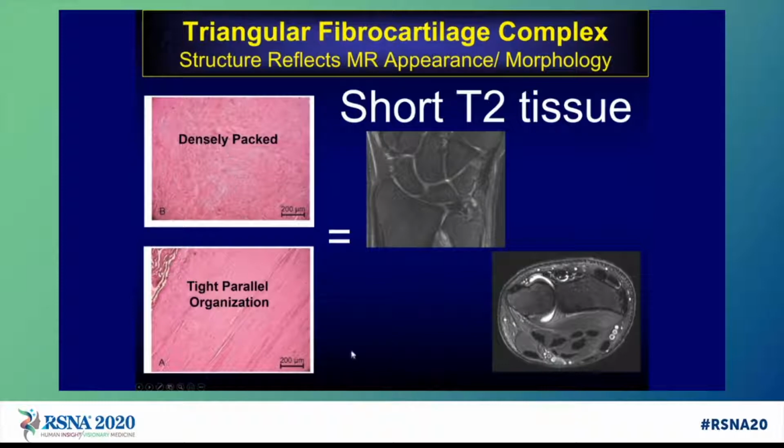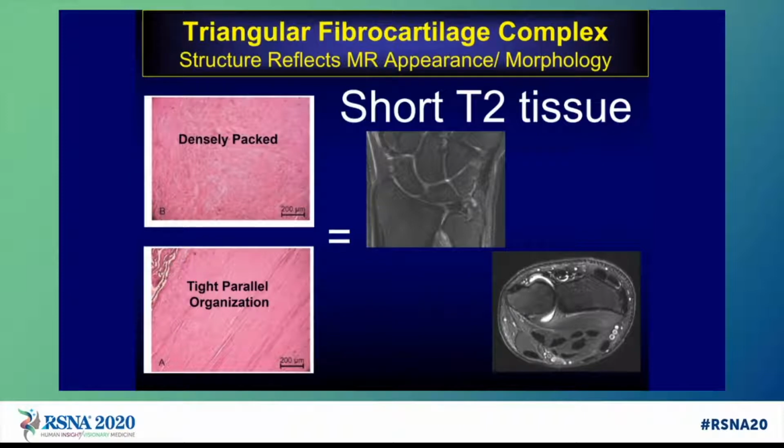And because these tissues are so tightly organized, they hold on very tightly to those hydrogen molecules, making them short T2 tissues. That means that by the time we excite the protons, we switch from the transmit to the receive mode on our MR scanners, that excitation of the proton has already relaxed so that these short T2 tissues are dark or anechoic on all imaging sequences.